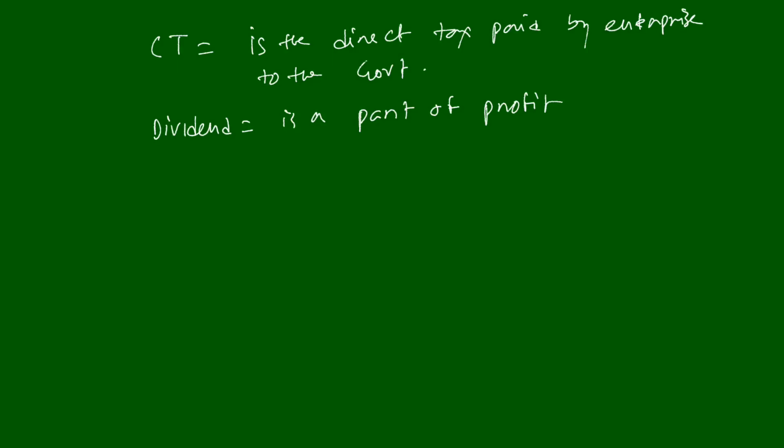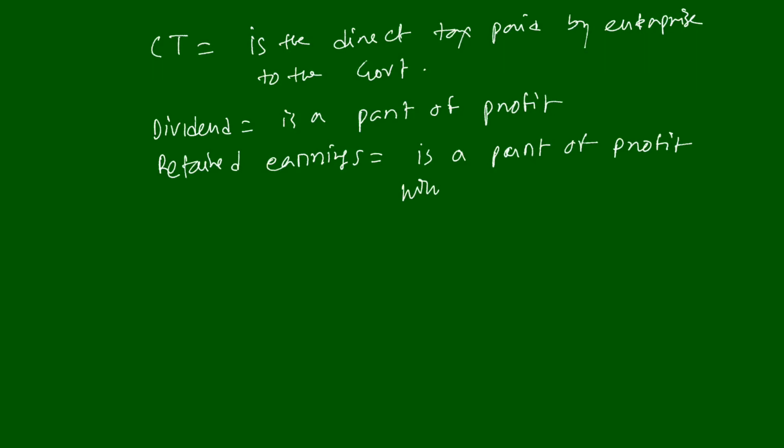And the last one, retained earnings, refers to a part of profit which is kept as reserve.